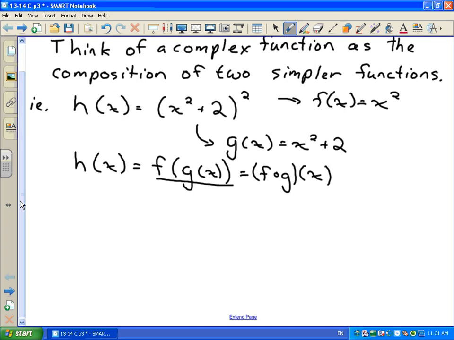So what is the chain rule here? Well, as you probably guessed, it's a rule for finding the derivatives of functions that are compositions of two simpler functions. So let's just state the chain rule here. Chain rule.